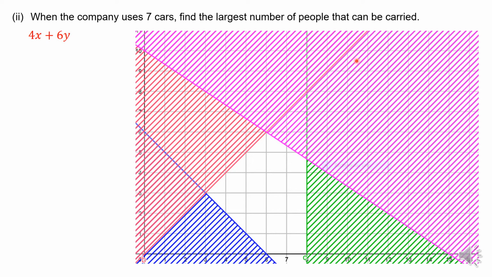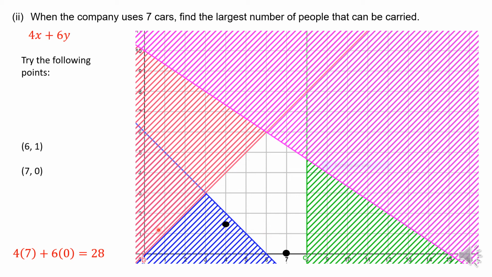So if I look at whatever gives me 7, it's the point 7,0, which is right down there. That is 7 small cars and no large cars. And if I substitute into that, I'm getting 28 people. The 4 times 7 is the value of x times 6 times y is 0. I get 28. I pick all the points that add up to 7.